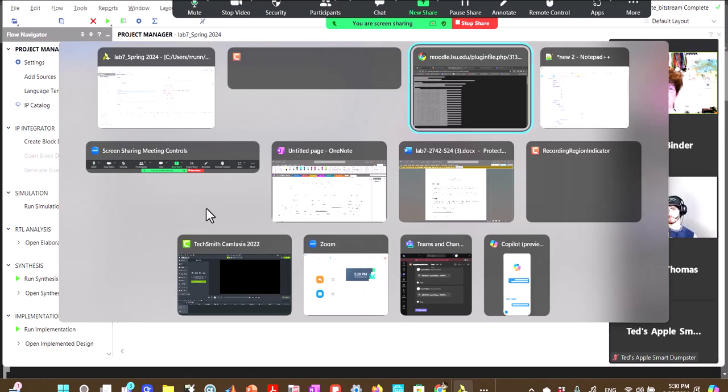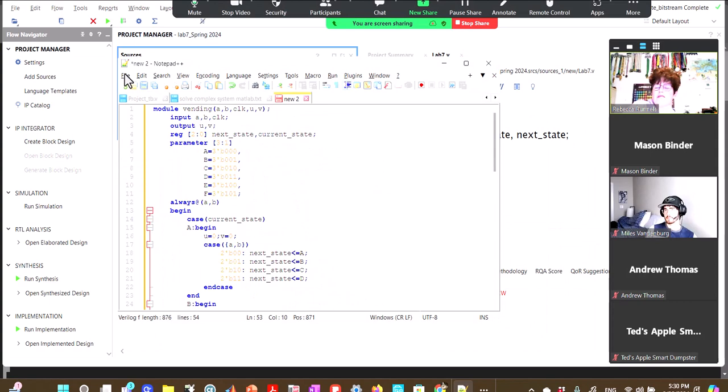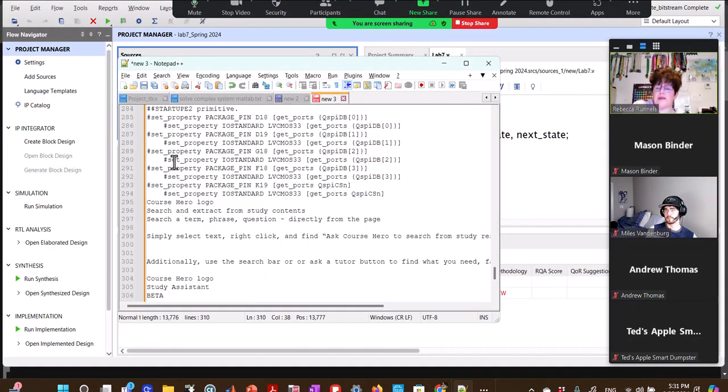Right now, I'll just do it as a new Notepad++. Just copy it in.